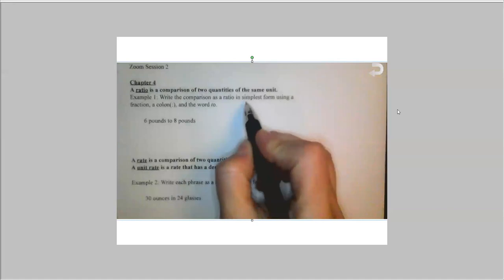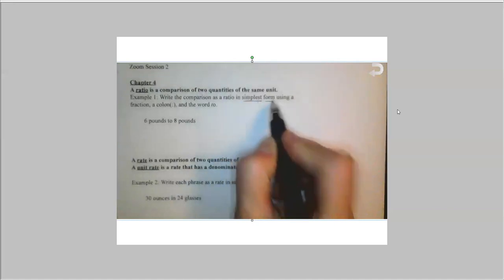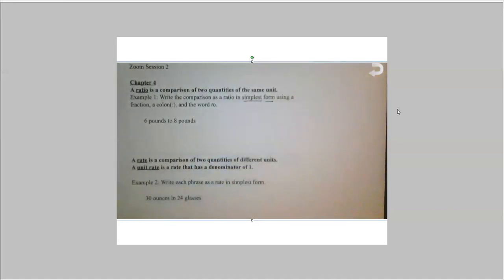We want it in the simplest form possible. So if we're able to reduce that fraction, we will do that, okay? If it were improper, you would keep a ratio as an improper fraction. We do not turn ratios into mixed numbers, so we would keep those in fraction form.